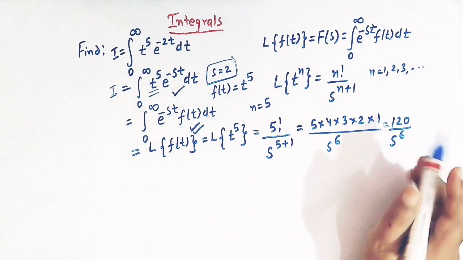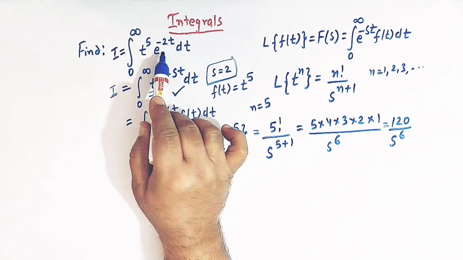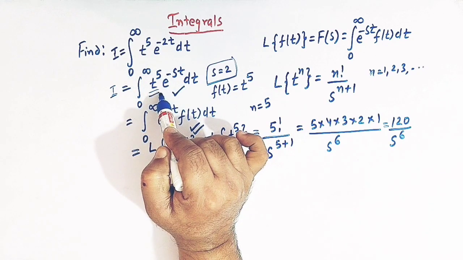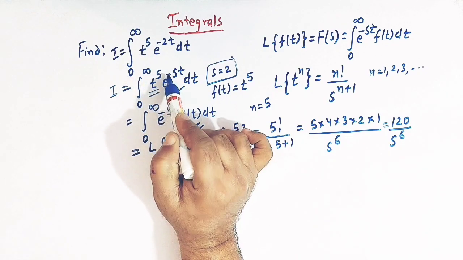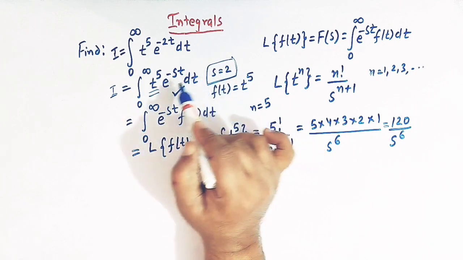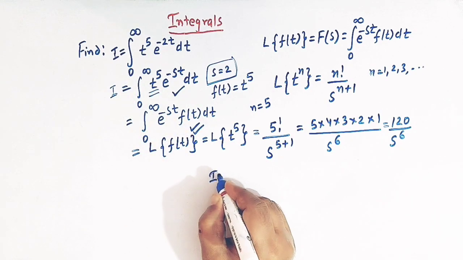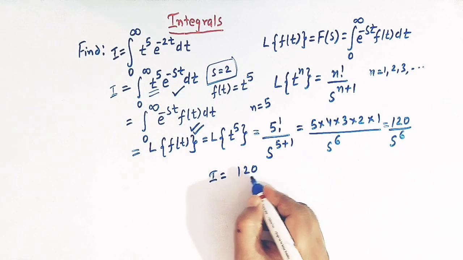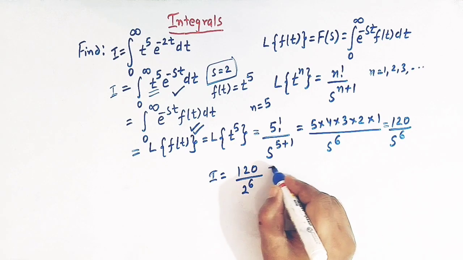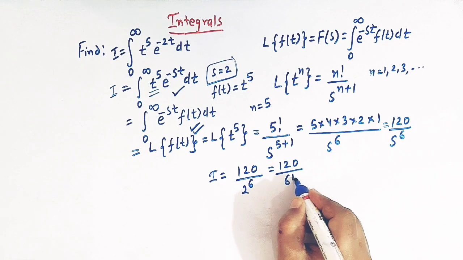Now we have to find the value of this integral, and we have expressed this integral as t raised to 5 e raised to minus st. So when we take s equal to 2, we get the value of this integral I as 120 divided by 2 raised to 6. So 120 divided by 2 raised to 6 is 64.